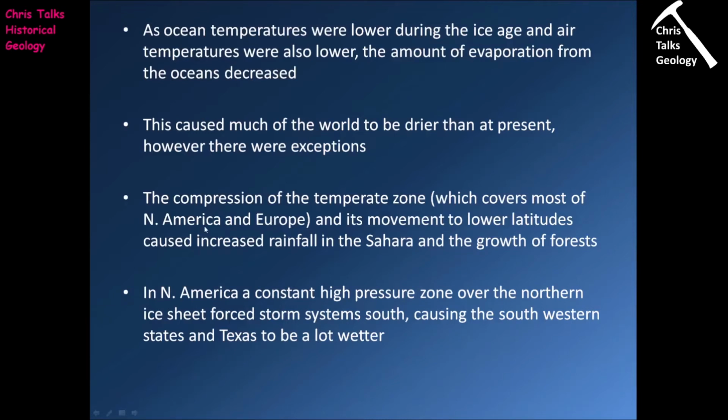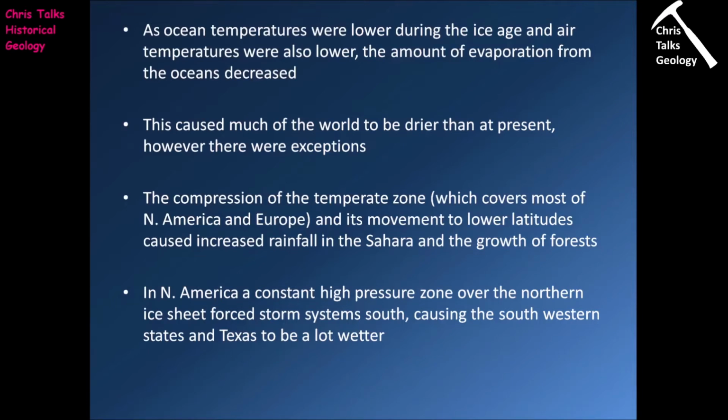The other thing that we note is the compression of the temperate zones. At present, temperate zones cover a large amount of North America, Europe, and a fair amount of Asia. Well, those areas which are now temperate zones would have been under or very near the edge of the ice sheet, and so we've already discussed that would have pushed the temperate zones southwards towards the equator.